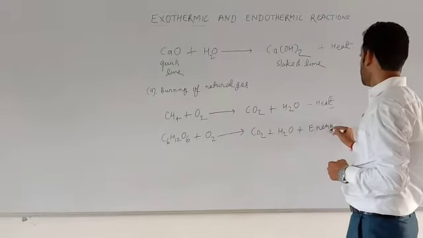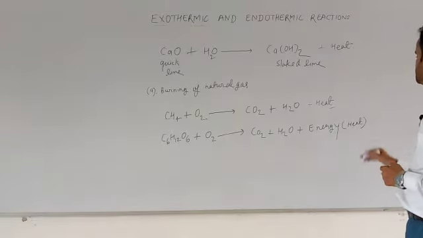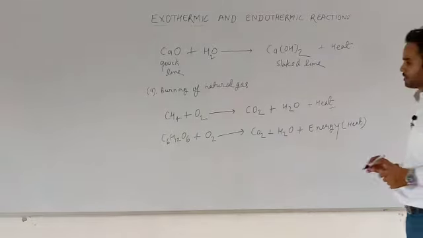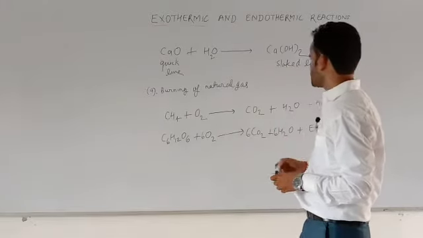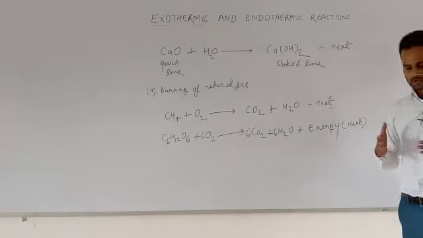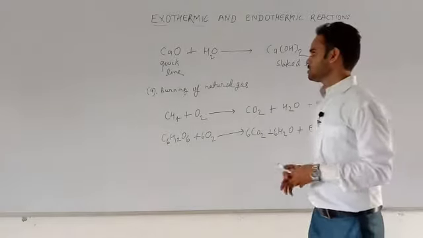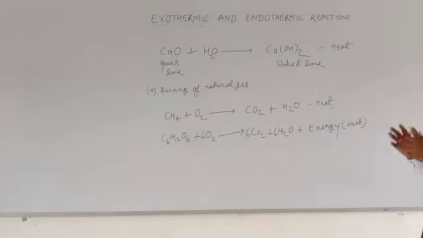A huge amount of energy is released in the form of heat that we need to stay alive. We can balance this equation as well. These are the examples of exothermic reactions. So exothermic reactions are those reactions in which heat is evolved along with the formation of products.